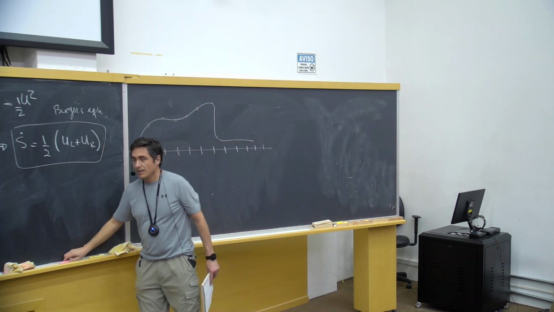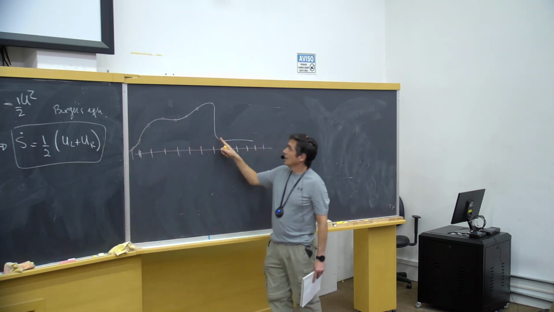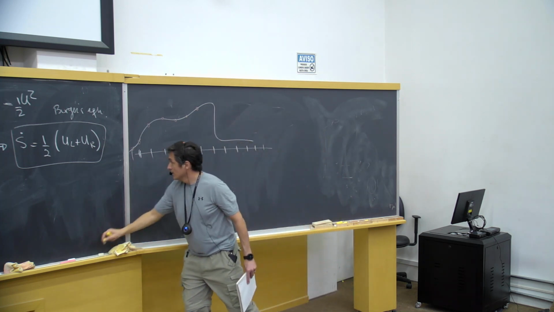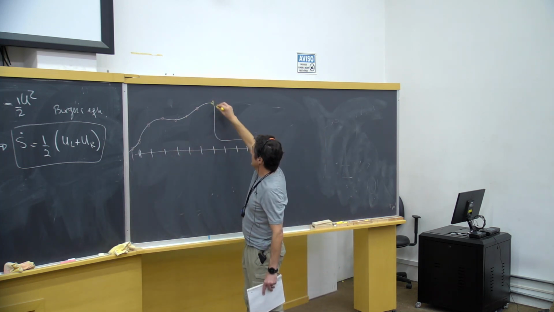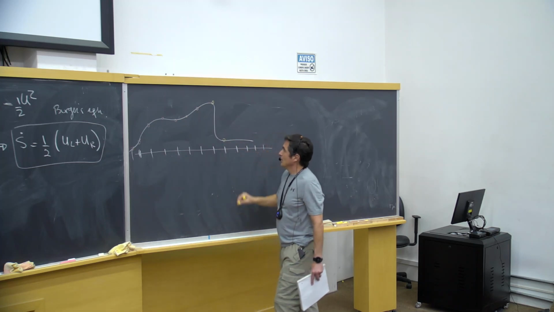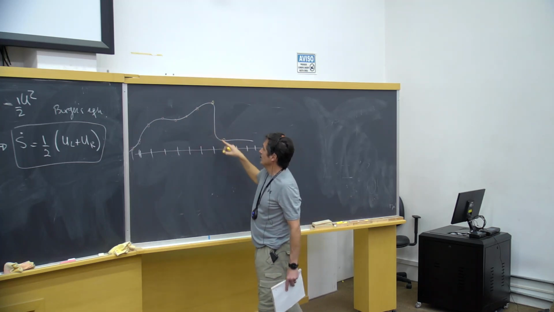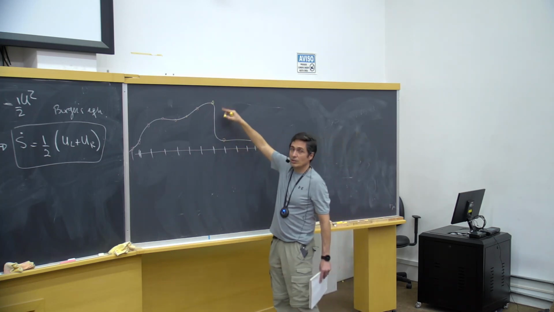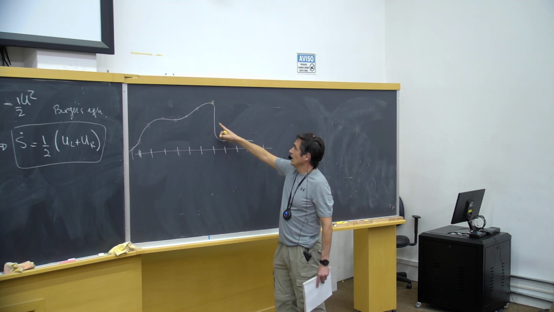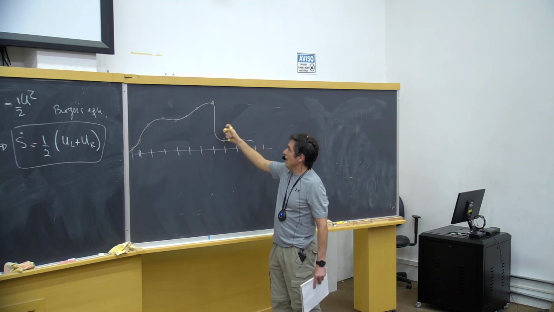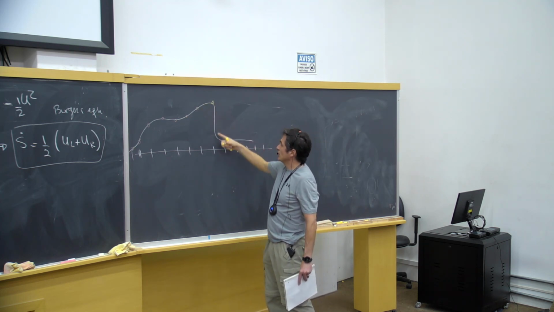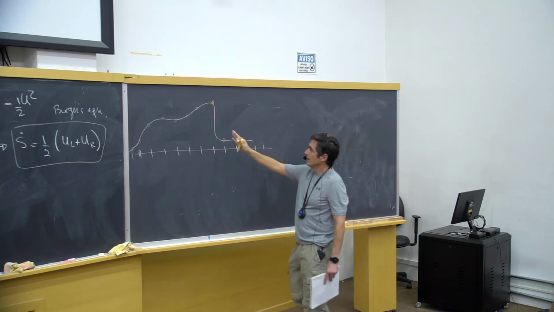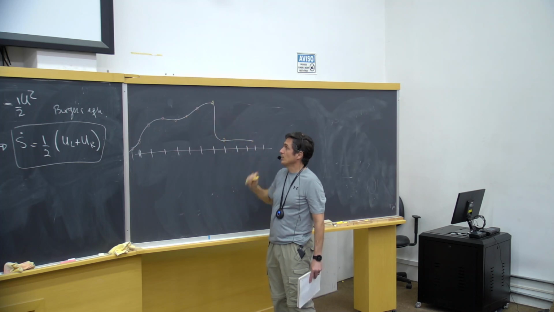In the fluid side, we're concerned about things like this, where if we were to take derivatives by, for instance, taking that point and that point to make a central derivative, we're going to have a huge gradient. And that gradient will introduce very strong oscillations, and we're going to be very bad at reproducing these features with any reasonable grid, especially in the case where this might get steeper and steeper as time goes by.